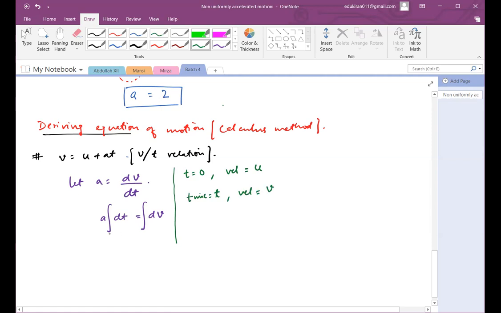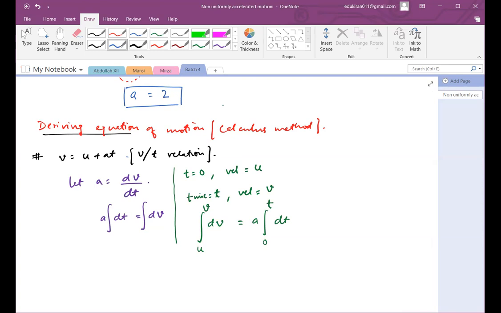So on putting these values in this expression, you will get integration of dv is equal to a, being constant, take it outside, times integration of dt. If the value of t is 0, the velocity would be u. If the value of time is t, the velocity would be just v. So these are the limits of that particular integration. This type of integration is called definite integration.